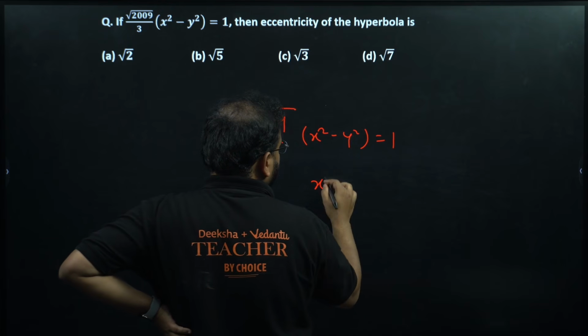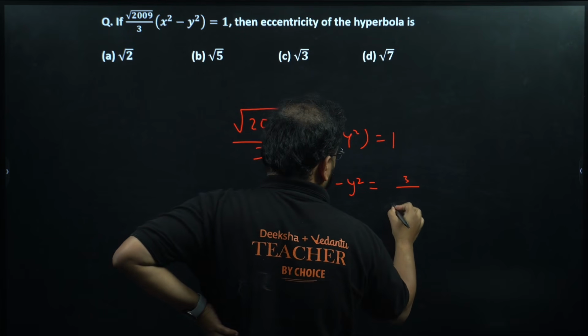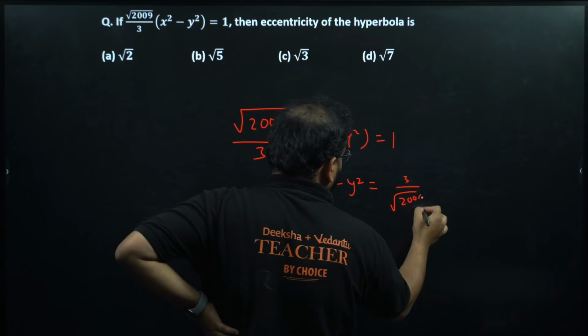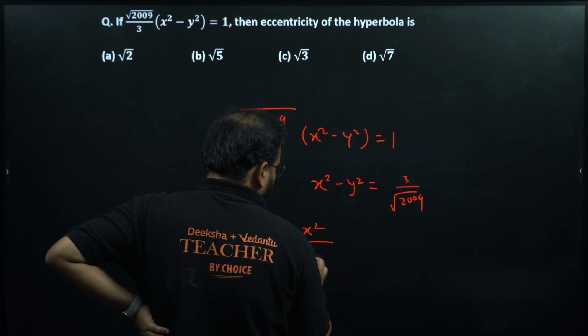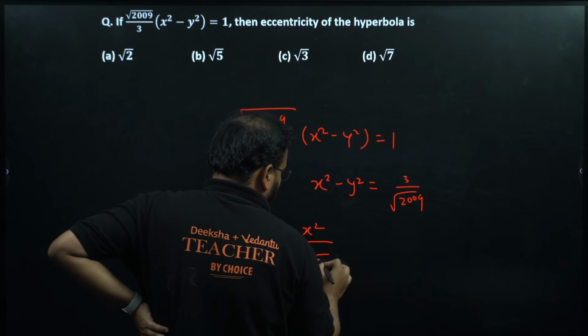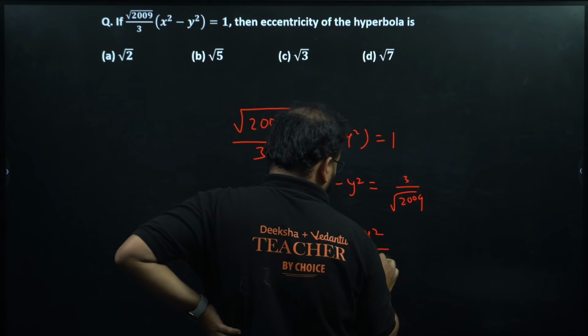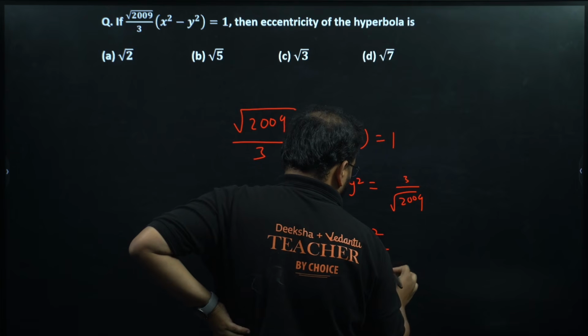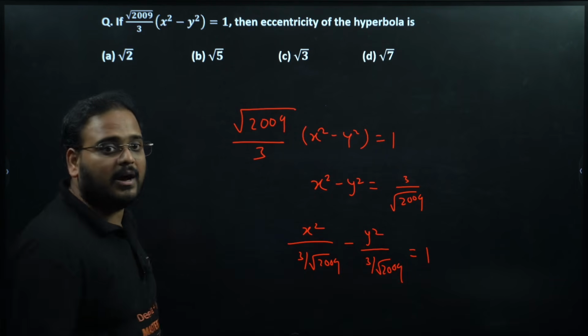It becomes x square minus y square equals 3 upon root 2009. What it basically means is x square upon 3 upon root of 2009 minus y square upon 3 upon root of 2009. This is the hyperbola form.